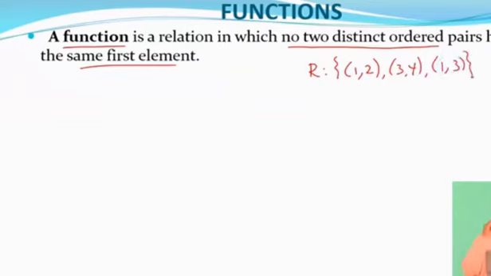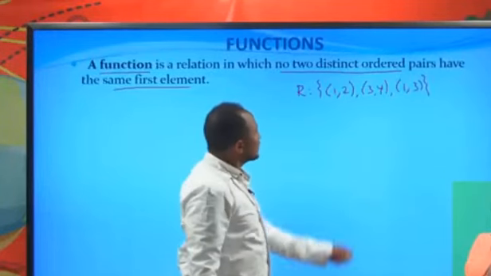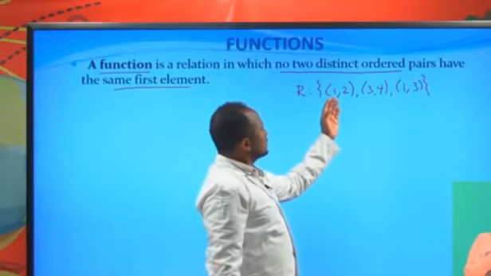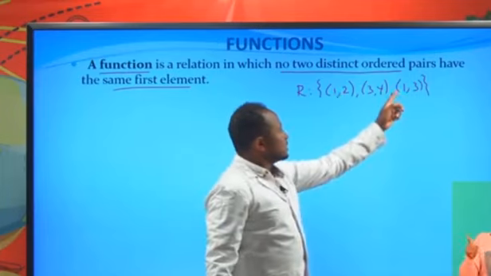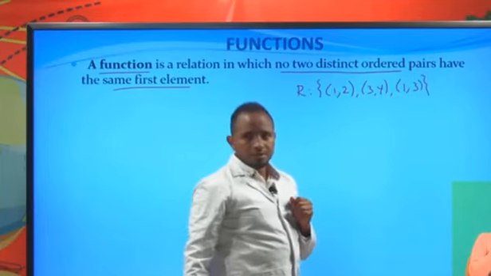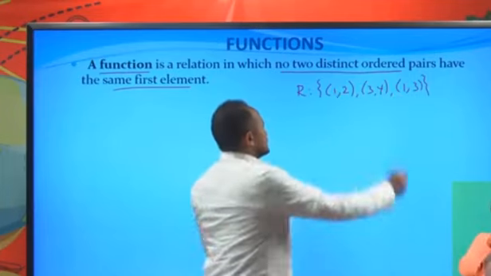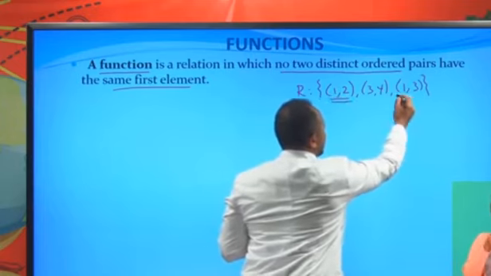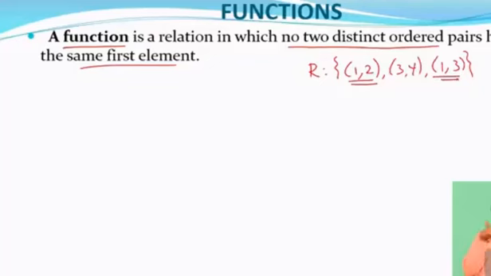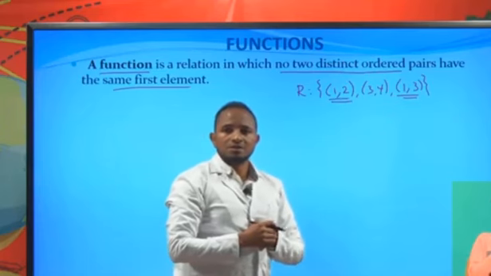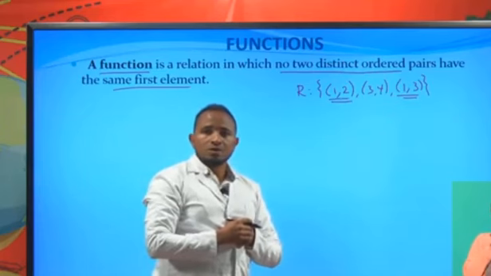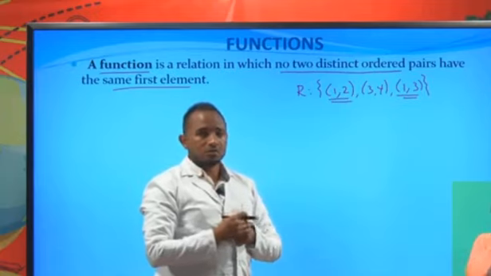If you take this relation, here the first element is repeated and the ordered pairs are different. They are different, and the first element is repeated. So this is not a function. The definition of a function says no two distinct ordered pairs have the same first element. So this is not a function.